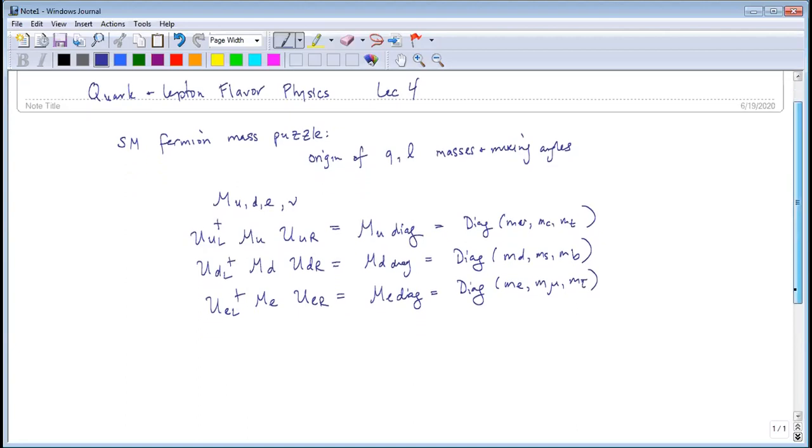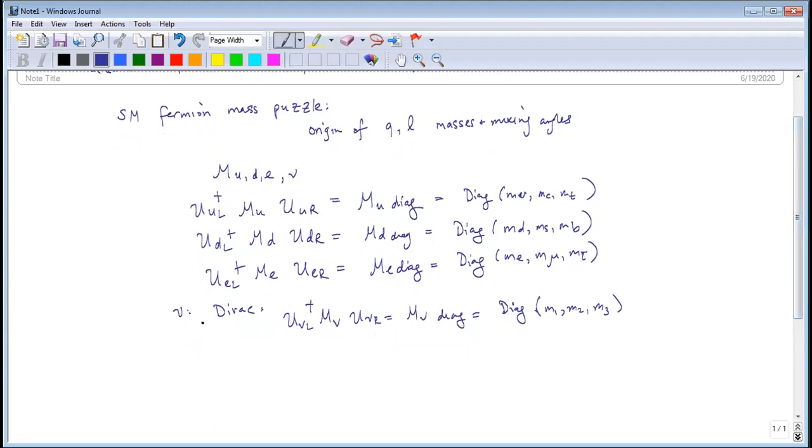And finally, let's talk about the neutrinos. Okay, so neutrinos, if they're Dirac, we would have U_νL dagger M_ν U_νR would be the M_ν diagonal. I'm just going to label those as M1, 2, 3.